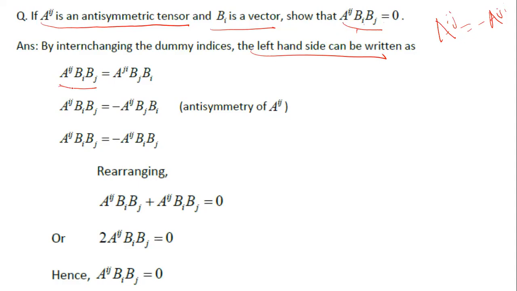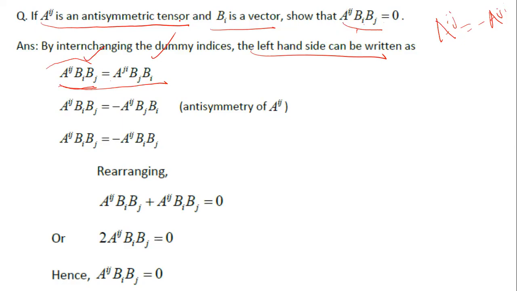So interchanging the dummy indices, aij bi bj equals aji bj bi. So even if you interchange the indices, it does not alter the quantity. That is the property of the dummy indices. So by employing the property of indices, we can clearly see that this is equal to this.